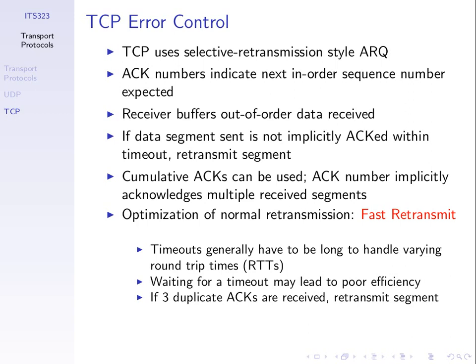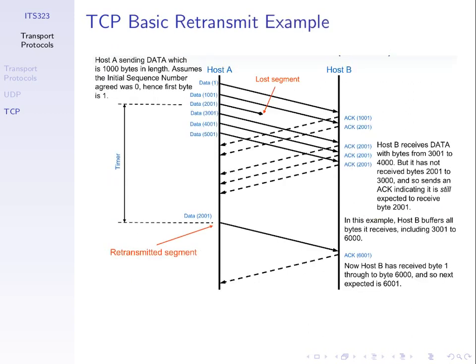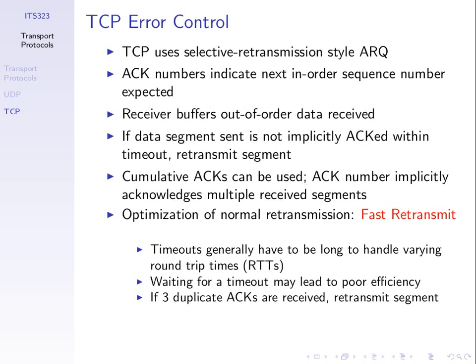Let's look at the basics of error control. TCP uses a selective retransmission style of ARQ in that we can send data segments, we expect ACKs to come back, if not, retransmit.